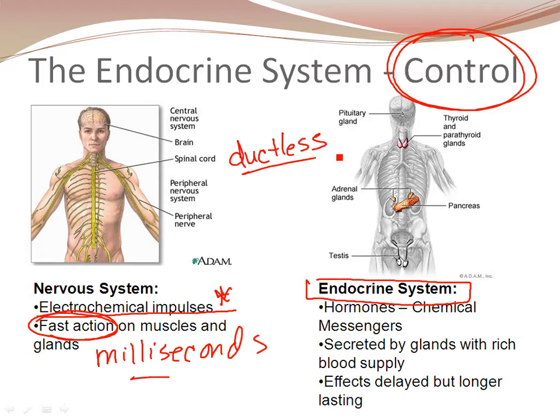Instead, they just secrete these chemical hormones that they make into the surrounding tissue fluids, and then ultimately those chemical hormones move into the lymphatic vessels or the capillaries that are surrounding the organ. They uptake the hormones. And then these hormones can travel all throughout the body. So they go everywhere in the body because they get into the bloodstream. Okay, so these are secreted by glands with a rich blood supply, lots of local capillaries that will uptake these hormones.